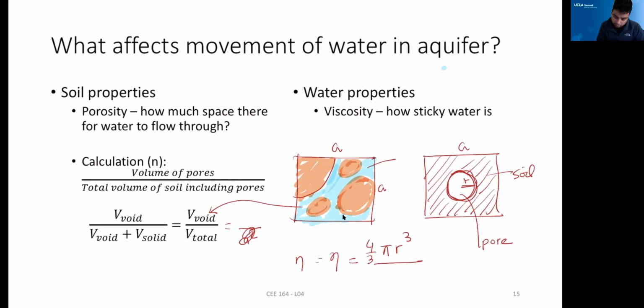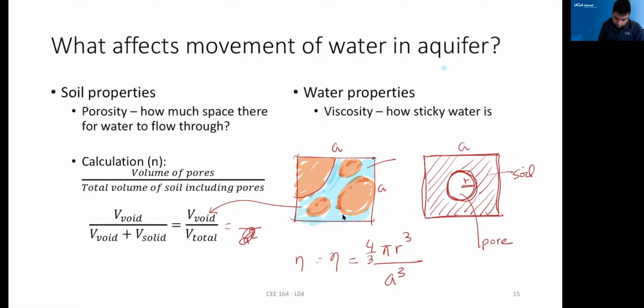And the total space is this cube. So this is just one simplified way to calculate it. If I give a structure and tell you the orientation, you should be able to calculate. But just know the concept of porosity.